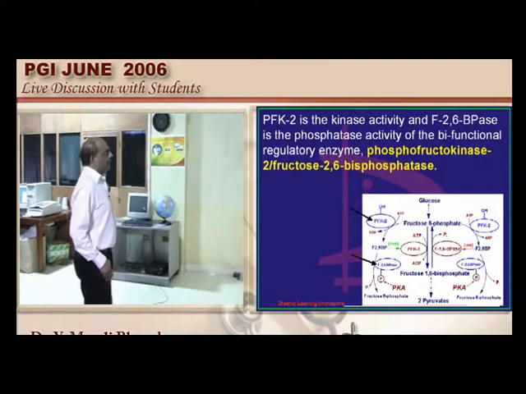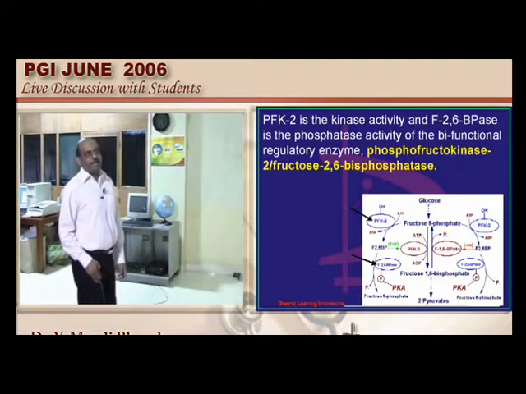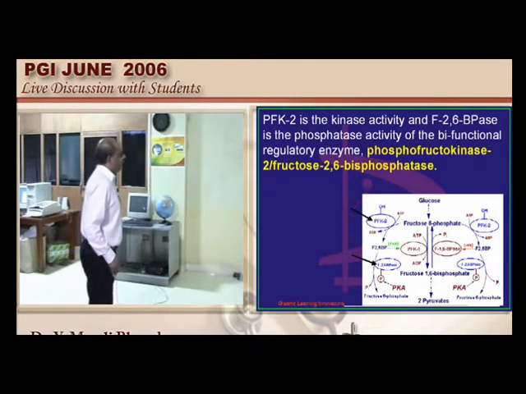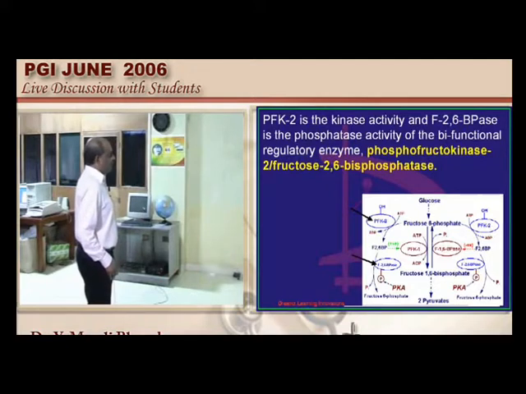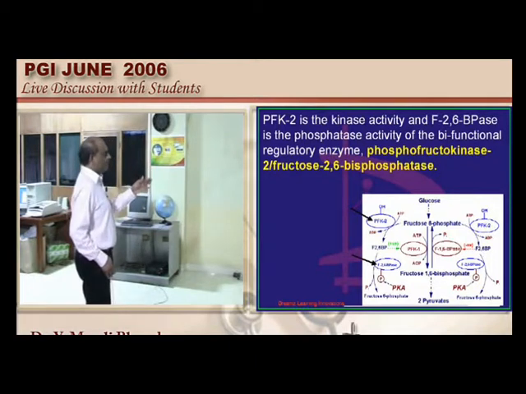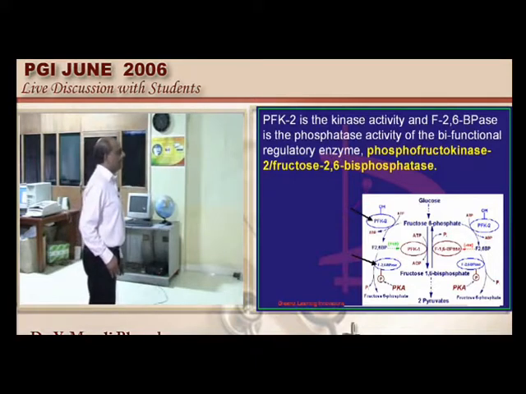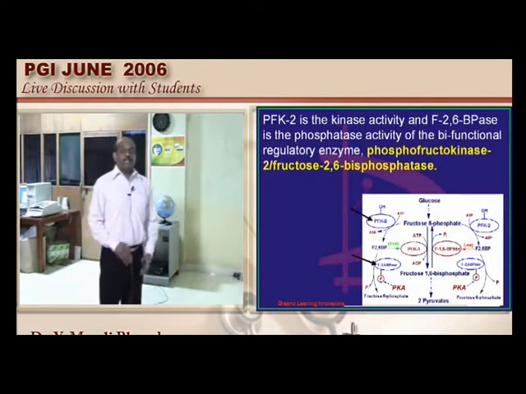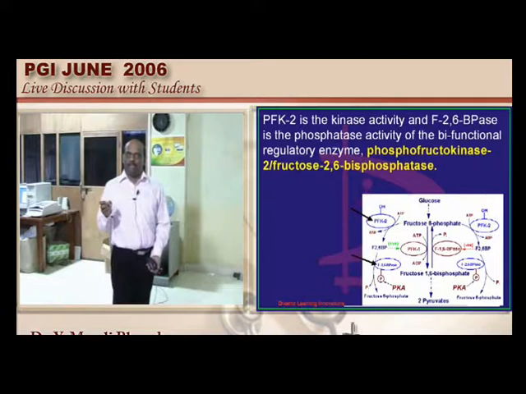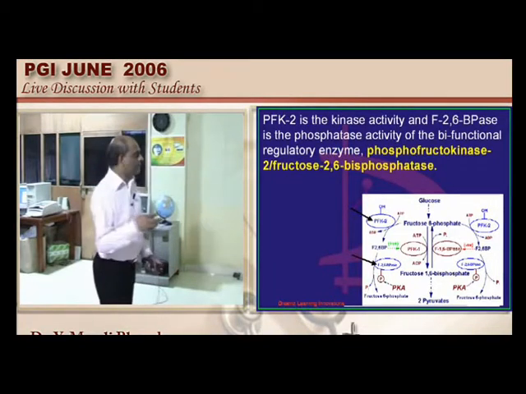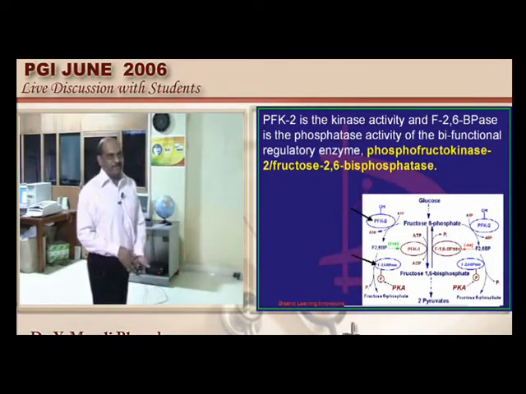So out of all, which is the rate limiting enzyme in the case of the gluconeogenesis, doctor? Typically it is the fructose 1,6 biphosphatase. Where does it come into the picture? Fructose 1,6 biphosphatase is the one which is converting fructose 1,6 biphosphate towards fructose 6-phosphate, and is considered to be the rate limiting enzyme. Now what is that substance which will control this fructose 1,6 biphosphatase?